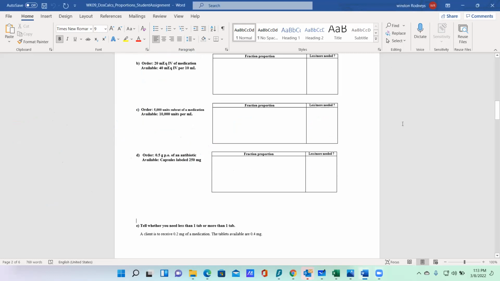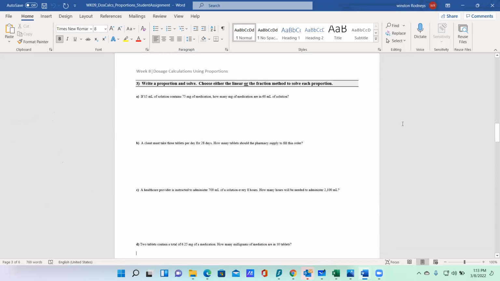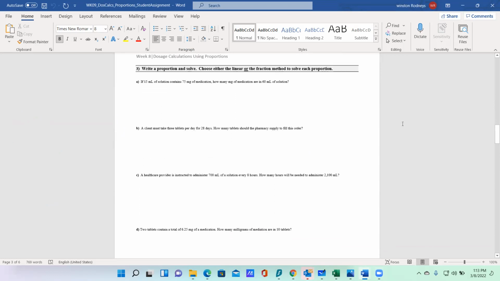Okay. So what else do we have? Solve the proportion. Same type of problem. If 15 mLs of a solution contains 75 milligrams of medication, then how many milligrams is 60 mLs going to contain?